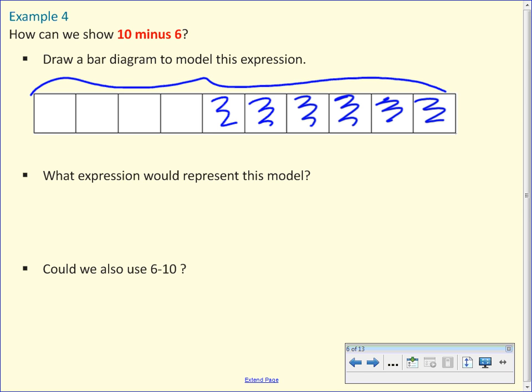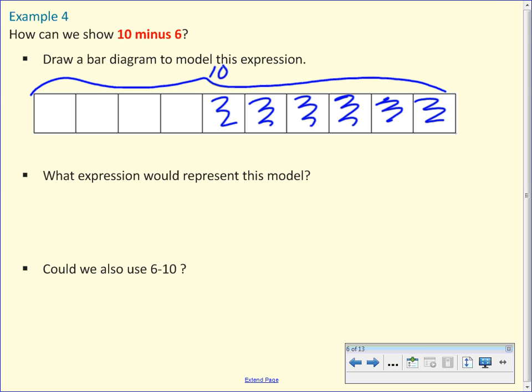The whole bar shows what I have. So that whole bar equals 10. So I write that on top. I'm not filling anything in. The whole thing is 10. Then I can take away 6. So we draw the bracket on top to indicate that that whole thing equals 10.